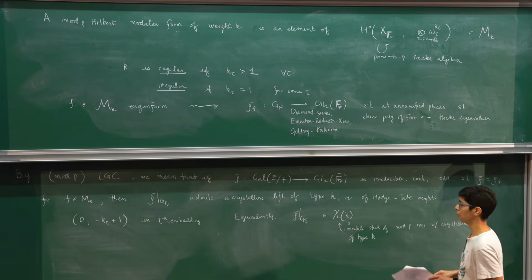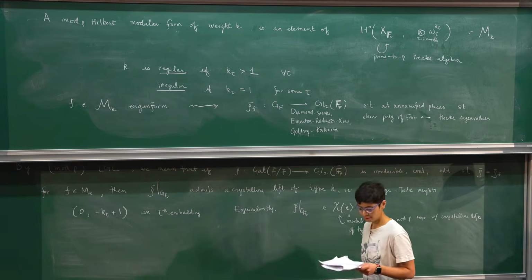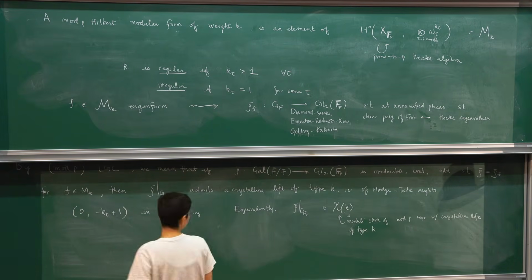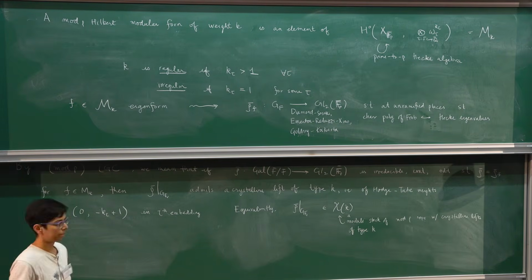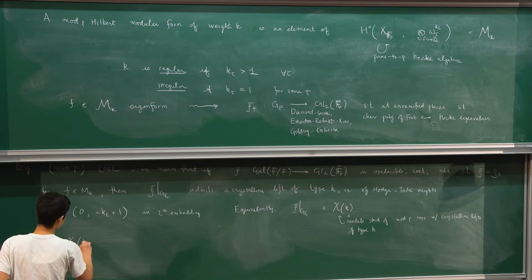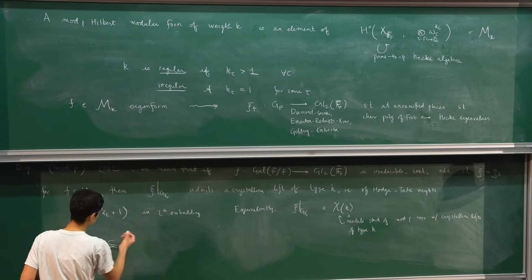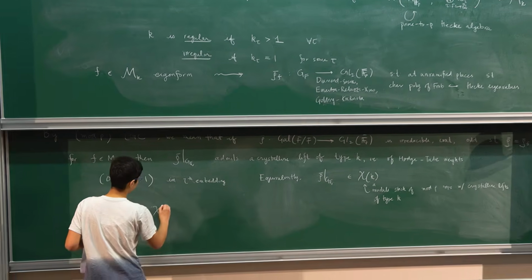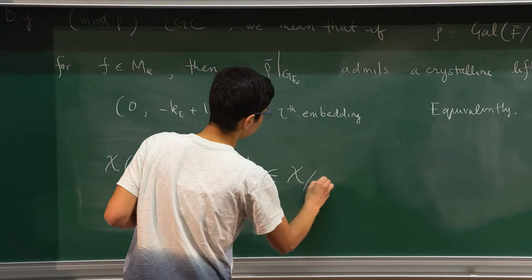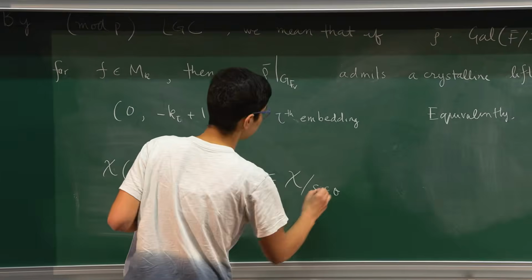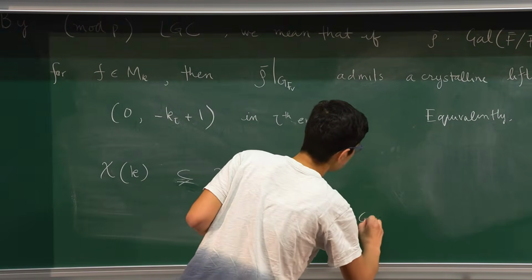So maybe I should say a little bit about what this stack is. This is a closed substack of the Emerton-Gee stack, which is literally a stack of phi-Gamma modules, and it lives over Spf of O. Right, so X_K is a closed substack of the reduced part of the Emerton-Gee stack. So this is the Emerton-Gee stack, which is a stack of étale phi-Gamma modules.